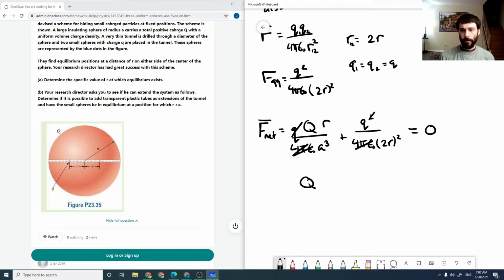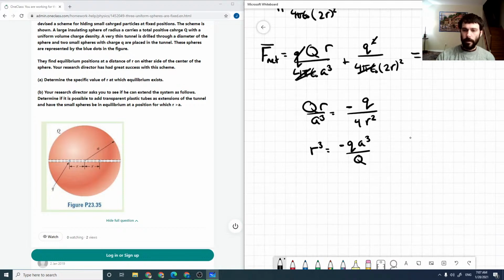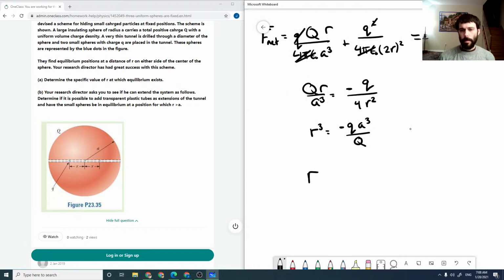So we've got q r over a cubed is equal to minus q over 4r squared. So we're now bringing the r's around, so r cubed is equal to minus q a cubed over q. And so r is minus q a cubed over q to the 1/3.